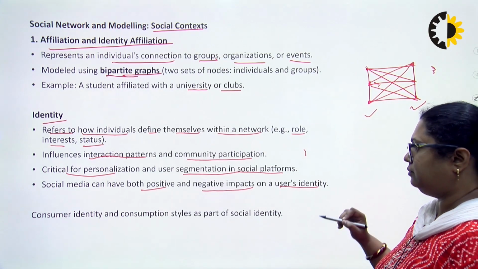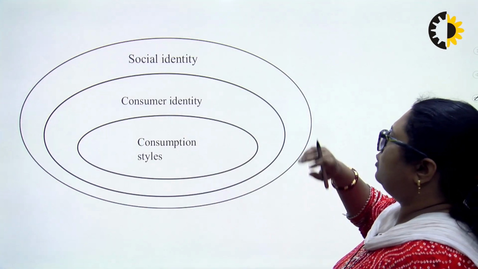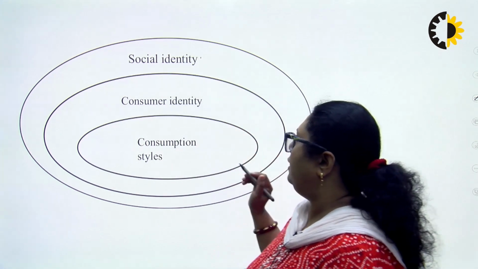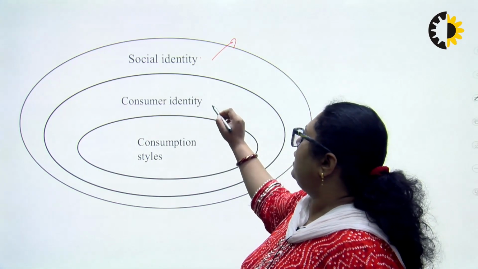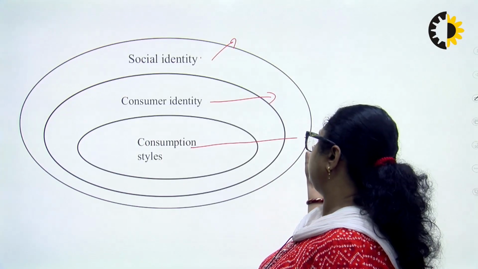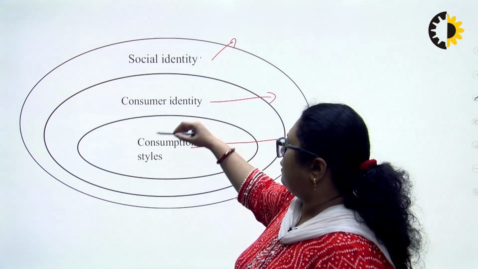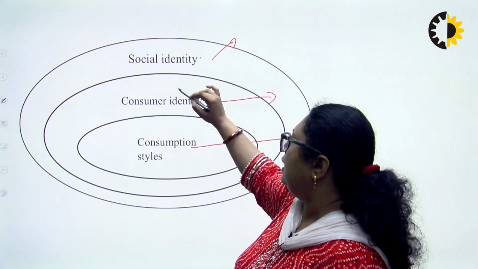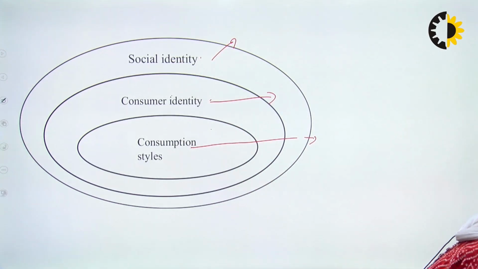Basically, first we have social identity as a universal identity. Next we have customer identity, and then consumption styles. Consumption style is a subset of customer identity, and customer identity is a subset of social identity.